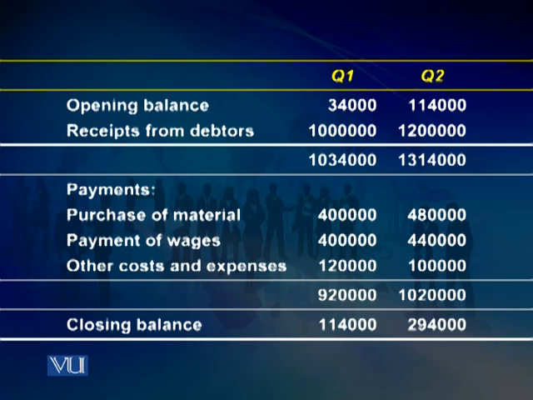Payment of wages, quarter 2, 440,000. And other costs and expenses of 100,000. So total payments in quarter 2 of 1,020,000, giving a balance of 294,000. Hence, this was the cash flow for quarter 2, the opening balance, the receipts, and the payments.